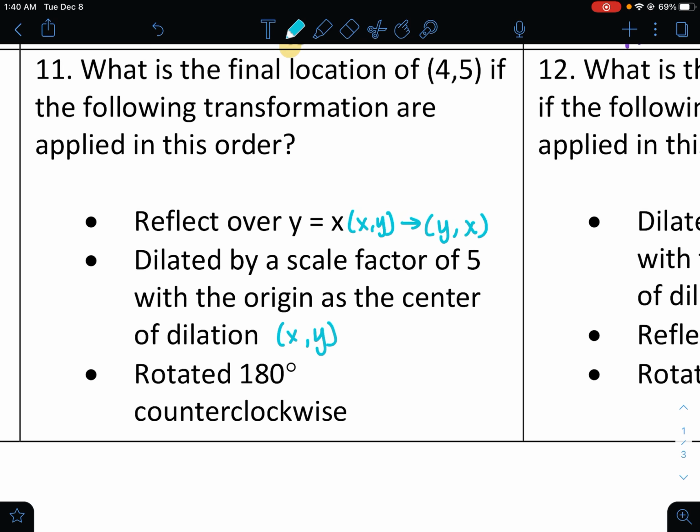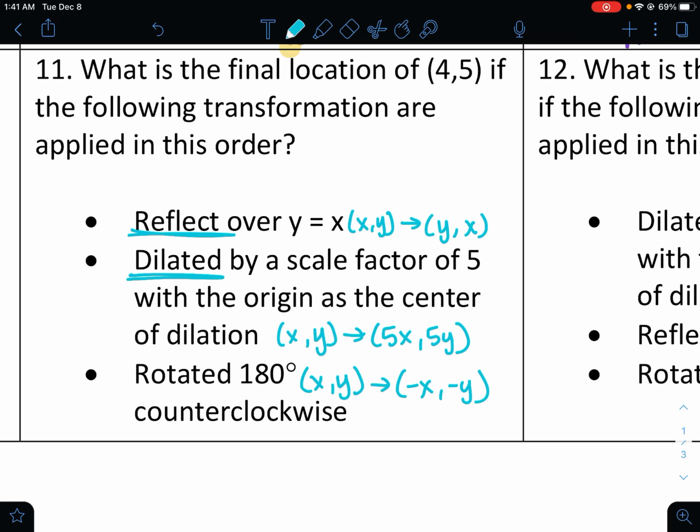So that's going to be (5x, 5y). Just multiply both by 5. Then rotated 180 degrees counterclockwise. Direction doesn't matter because it's 180 degrees. That one is going to be (negative x, negative y). So those are the 3 rules we're going to have to apply.